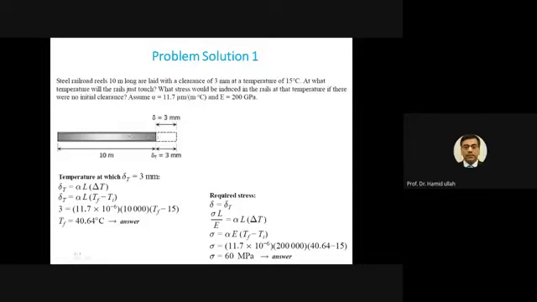This is one part of the rail. On the right side, there will be another part. So they both are in contact, and there is no clearance. So if this one wants to expand because of this much temperature, it will be blocked by the other part from the right side. So for sure, for that reason, the stress will be induced, and that stress will be called thermal stress.